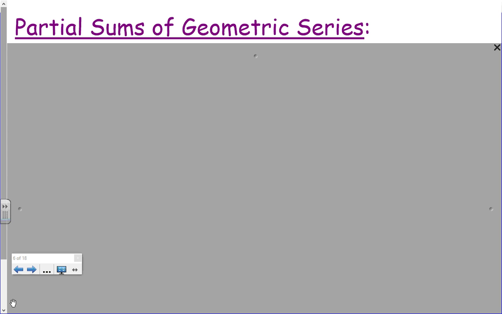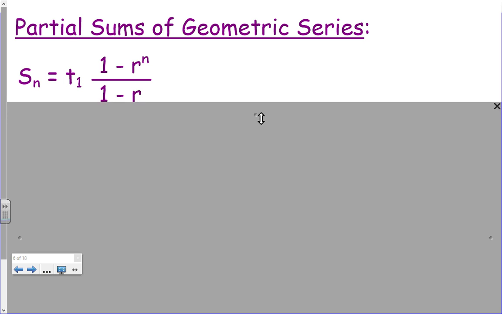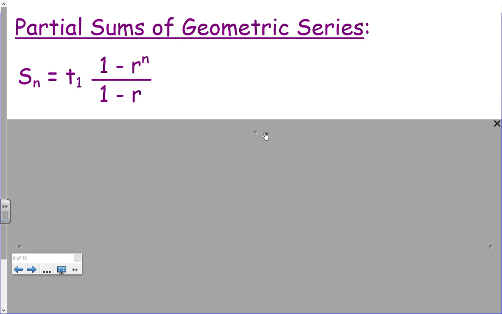All right, let's take a look at the other special series that we can deal with, which is the geometric series. When you're working with a geometric series and you want to find your partial sums, just like we saw with arithmetic, we have a nice little formula that we can use. So what is that formula? Well, here it is.